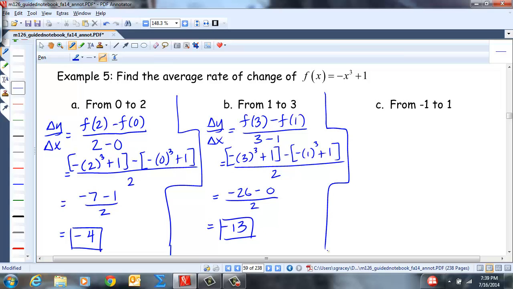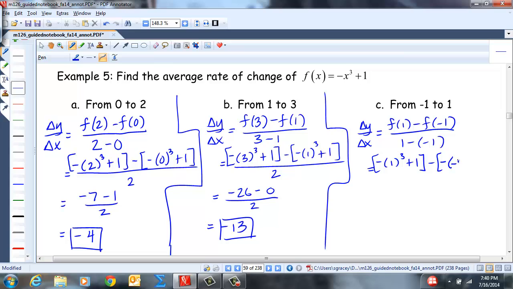Awesome. Okay, now from negative 1 to 1. So again, change in y over change in x is f at 1 minus f at negative 1 over 1 minus negative 1. Be careful with your signs. This will be negative 1 cubed plus 1 minus negative 1 cubed plus 1, all over 2.